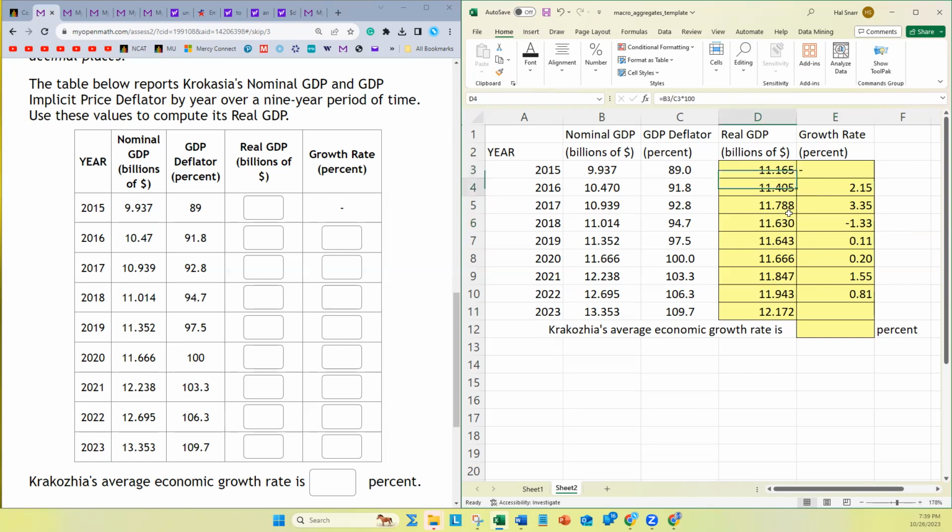Here, GDP rose 2.15%. Here, GDP rose at 3.35%, right? 2017 to 2018, GDP fell by 1.33%. 2018 to 2019, GDP rose by 0.11%. 2019 to 2020, GDP rose by 0.2%. We don't have a lot of economic growth here, do we?